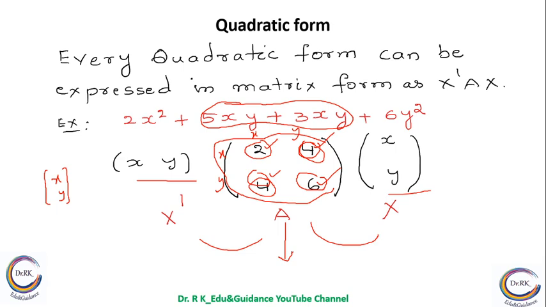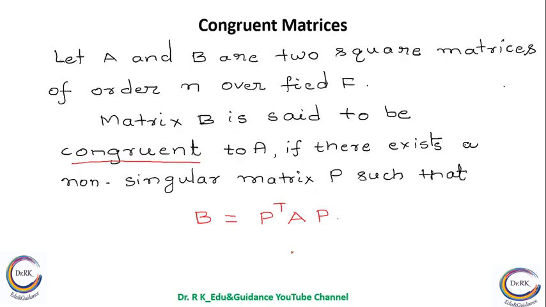Now one more definition: congruent matrices. Let us consider two square matrices of the same order. Let A and B be two square matrices of order n. When can we say the matrix B is congruent to A?